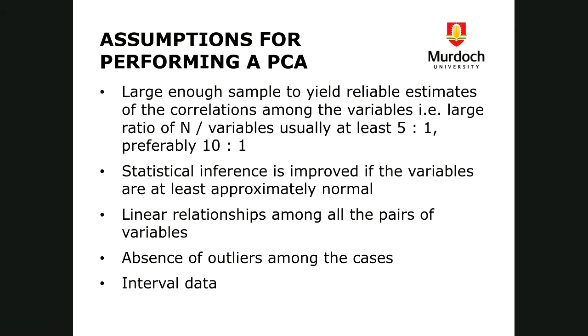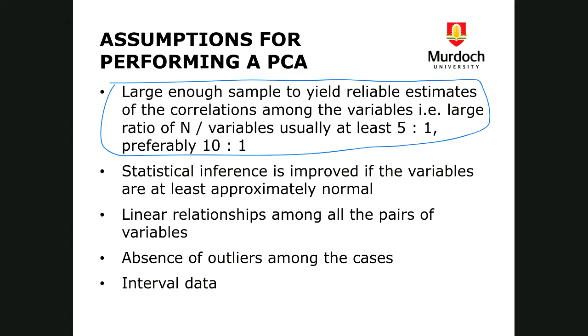But before we proceed, we need the assumptions. First, a large enough sample. There should be something called sample adequacy, and this is an assumption that is going to be tested after we get the results of the PCA factor analysis. One of the tables will tell us whether this assumption has been violated or not. In general, the assumption says that for each variable included in the analysis, you need at least five cases.